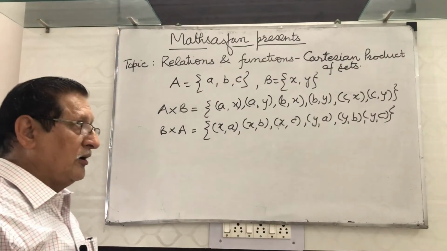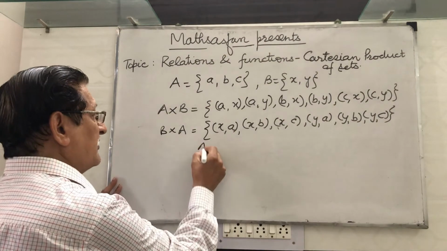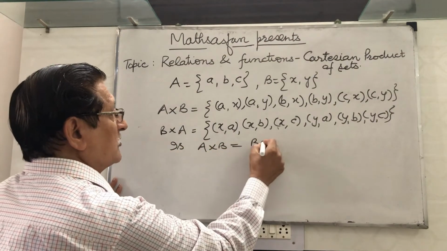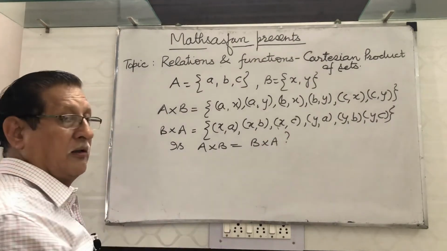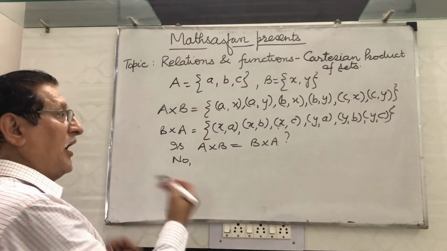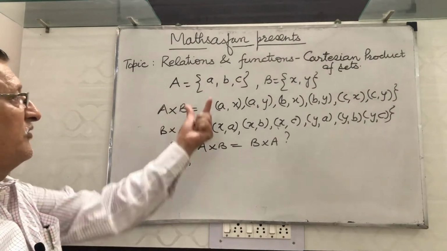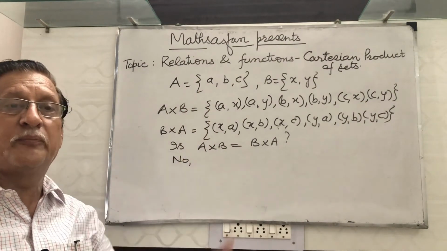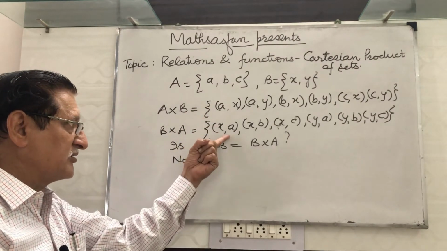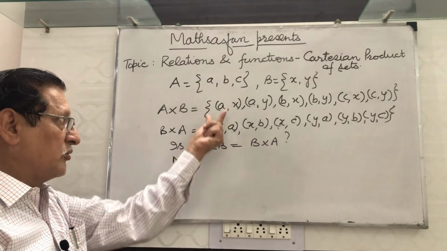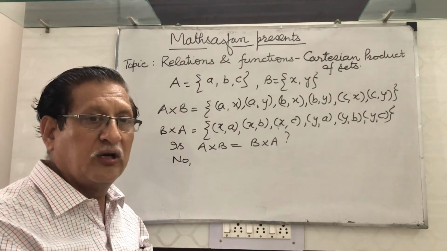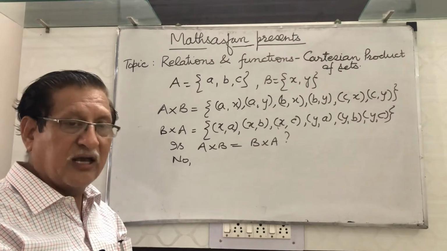Are they equal? Let's learn: is A cross B equal to B cross A? No. Why? Because we know ordered pair means the components are fixed in order, and here this is ax but this is xa. It means these ordered pairs are not equal, and we know equal sets are only if their elements are also the same.